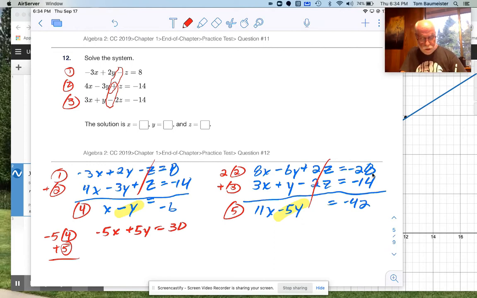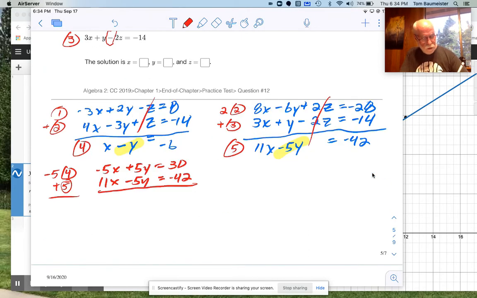And then the other one stays the same. 11x minus 5y is equal to negative 42. And I should have changed colors, but that's okay. I'm starting to run out. I have 17% left. So I'm going to have 6x is equal to, those are going away, negative 12. And I'll get that x is equal to negative 2. So x will equal negative 2.